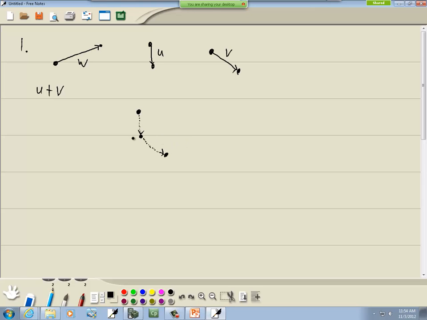That was supposed to be the same angle, same distance as this. So this is U, and this is V. Now this was our initial point, and this is our terminal point. So this right here, this vector, is our U plus V.